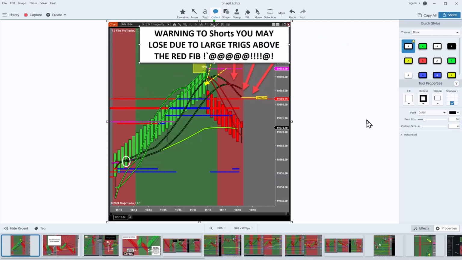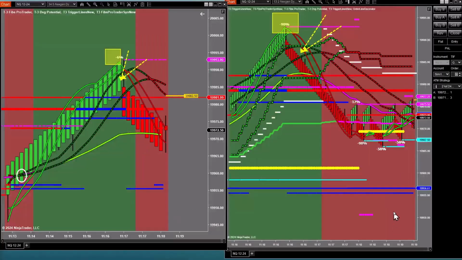You see what I'm saying? I'm not saying that it can't go down. I'm just saying it's not a high probability going down look at all. You see that? Location, location, location is going to keep you from trying to take a short trade that has the wrong configuration. Powerful. Now let's see what happens.